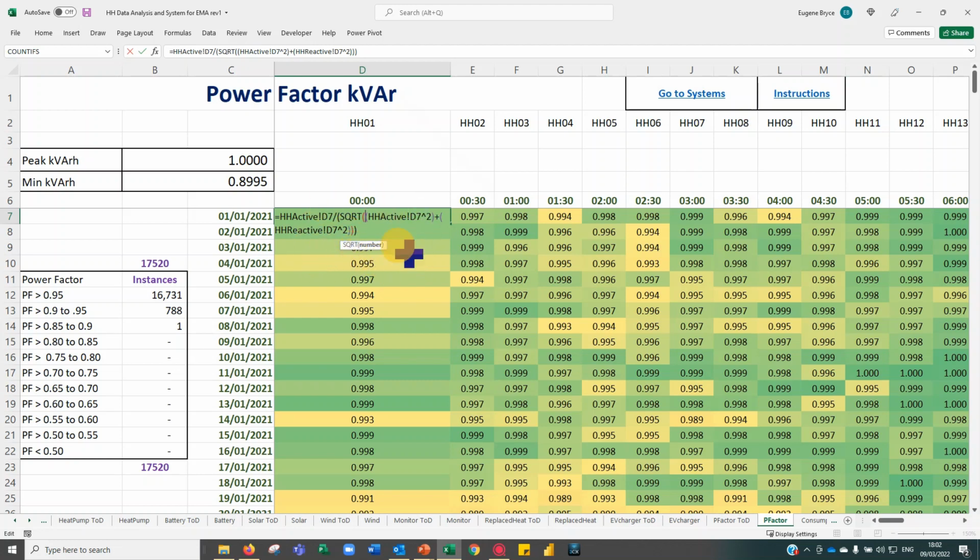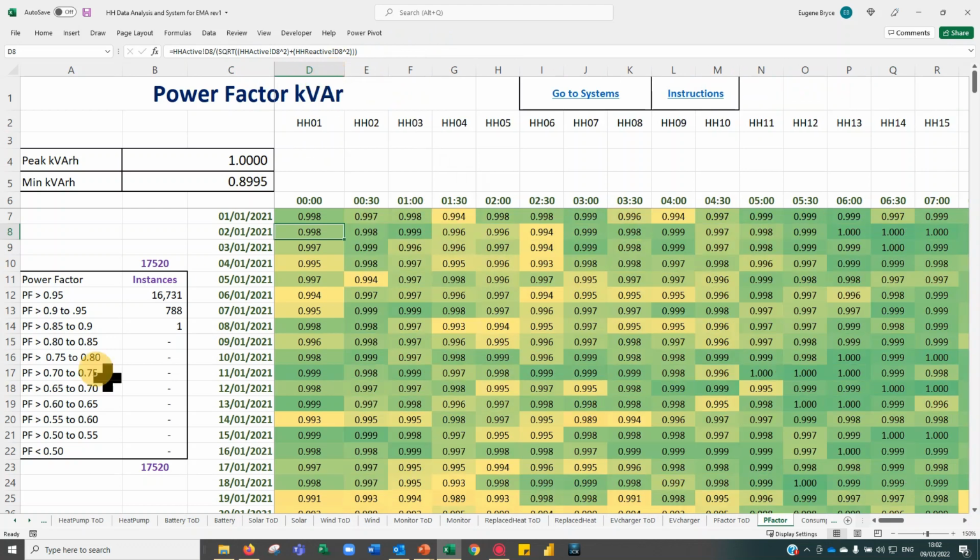To get our apparent power, it's the active power squared plus the reactive power squared, and then the square root of the sum. So it's Pythagoras' theorem: a squared plus b squared equals c squared, where c is our hypotenuse and we have two right angles, and that's the formula to give us our power factor.